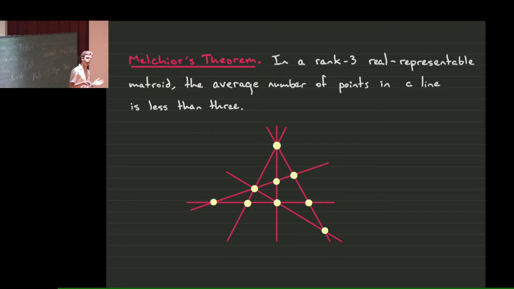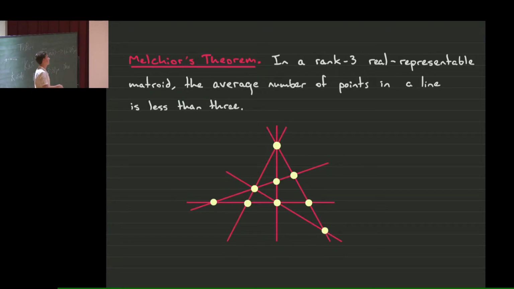So by Euler's formula, this graph has average degree strictly less than 6. And when you take that information and translate it back into the original problem, you get Melchior's theorem. So it's this really beautiful application of classic graph theory to obtain this nice and non-obvious result.